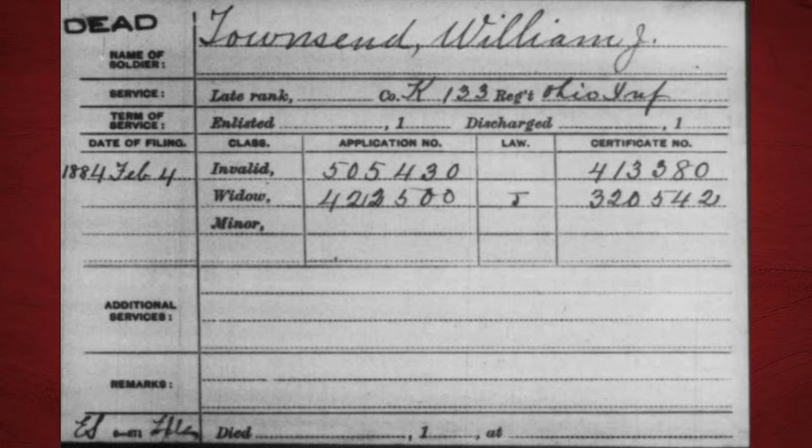So I decided, all right, I'm going to look at these pension cards and put all this information into the spreadsheet. The reason why I consulted the pension index is my experience with William Townsend and Milby Townsend and ordering their pension files. A number of these index cards gave me some differentiating details that I can use to further research the people in this unit, because there's not a lot to go on based on the roster.